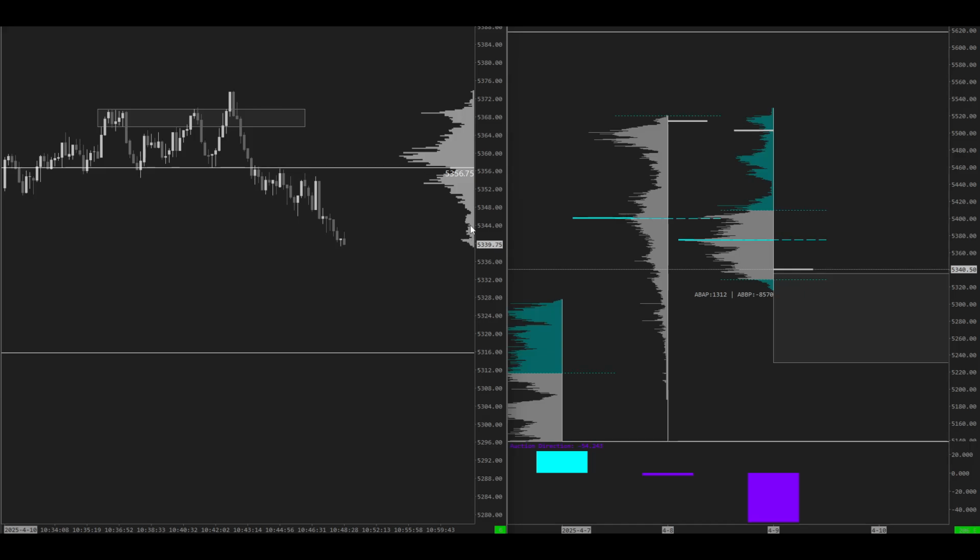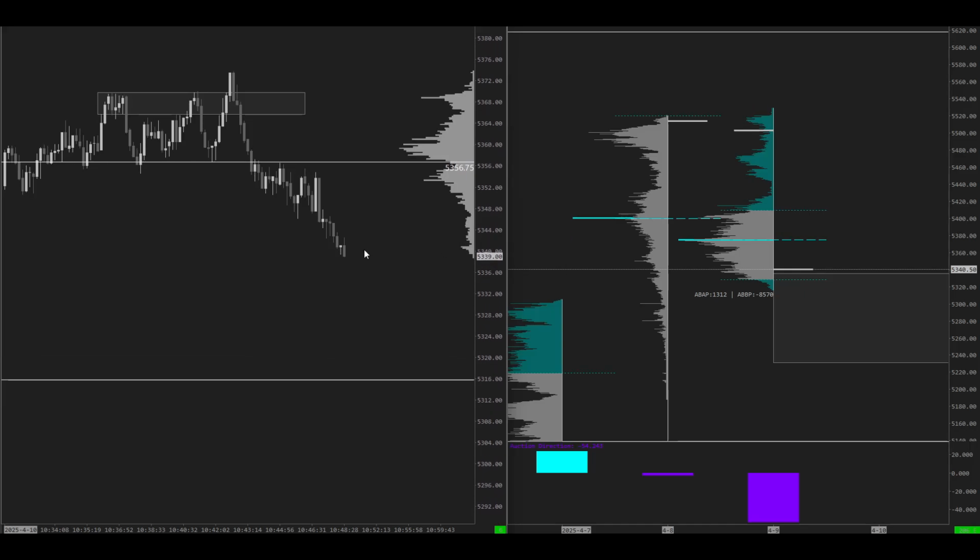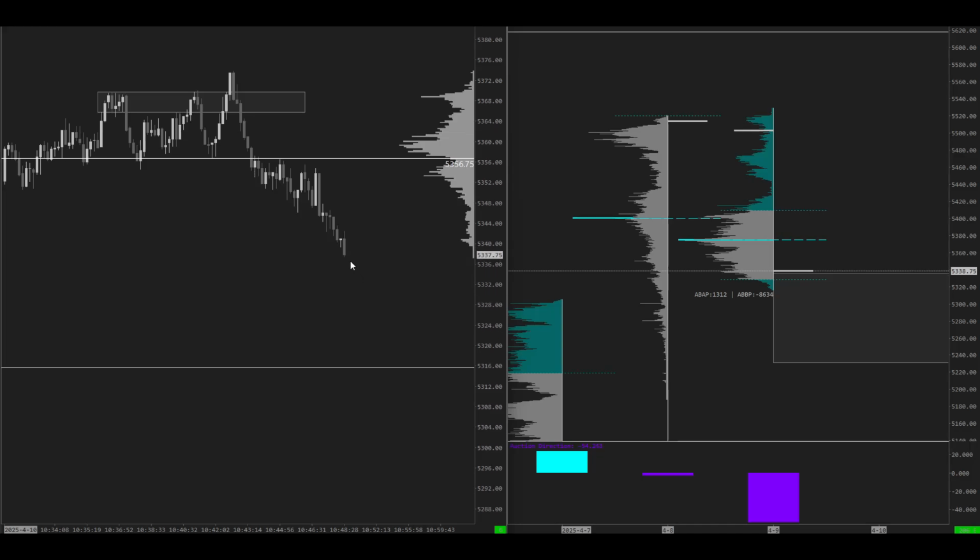Got sellers stepping in as well on the move, but let's see if it keeps flushing.